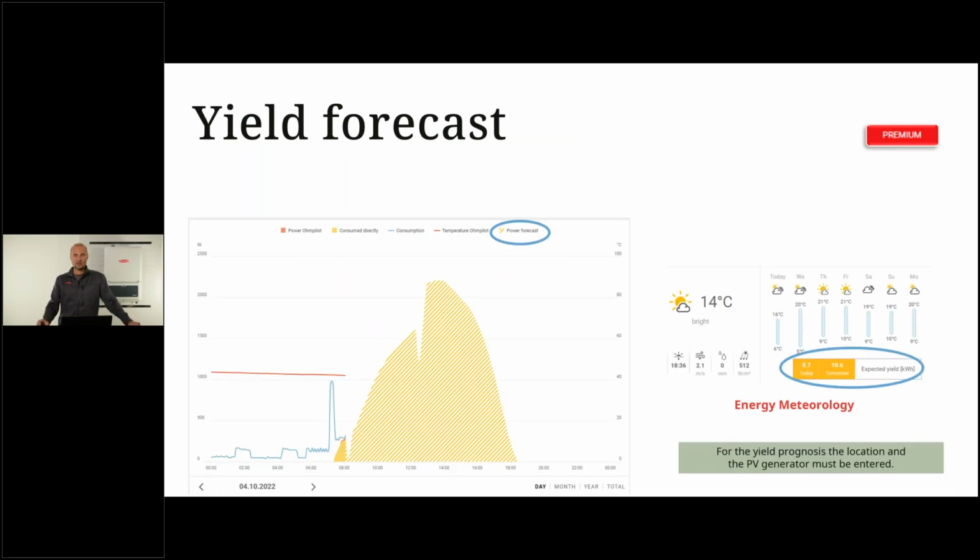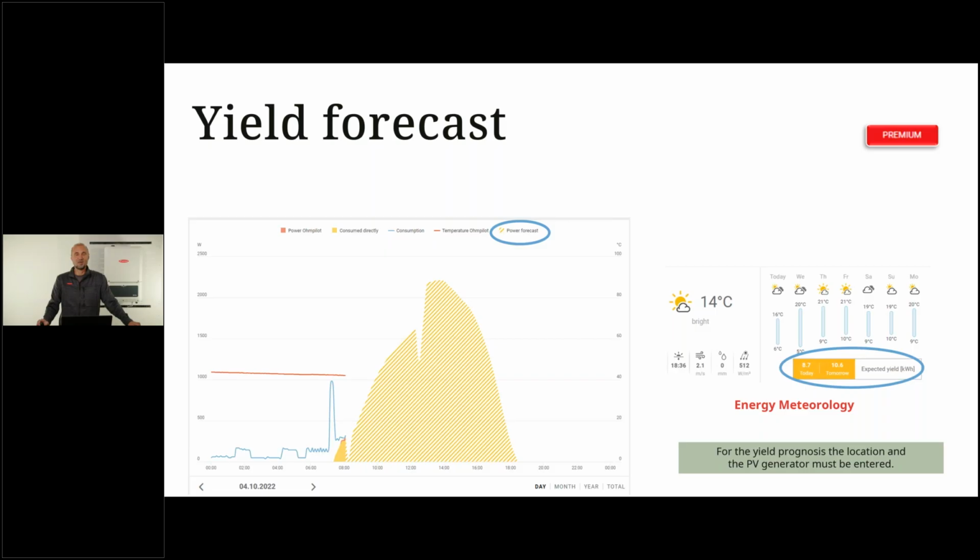Pictured below on the first page was the yield forecast or weather forecast. You can see here the next days weather forecast, and you can see for the next 2 days, today and tomorrow, the expected yield. So the total number, 8.7 for today and 10.6 for tomorrow, 10.6 kilowatt hours. And if you go to the daily graph, you will also see how the weather will be looking like.